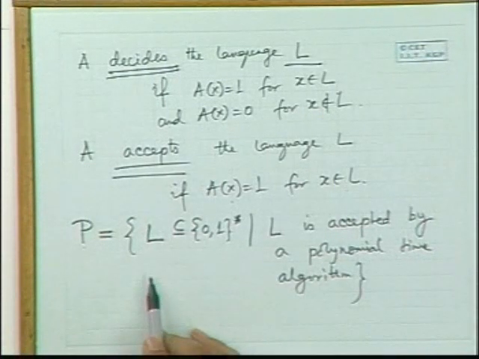But you can think over this proposition: if there exists a polynomial time algorithm that accepts a language, that necessarily also decides that language in polynomial time. I am repeating this statement again. If for a language L there exists a polynomial time algorithm that accepts that language, it also decides that language.